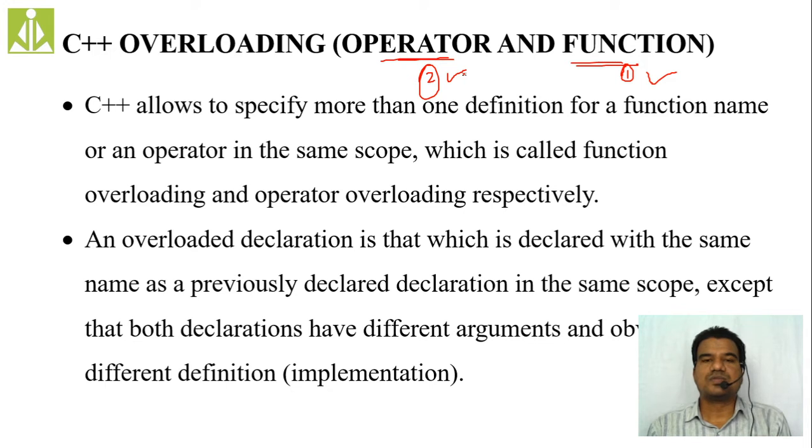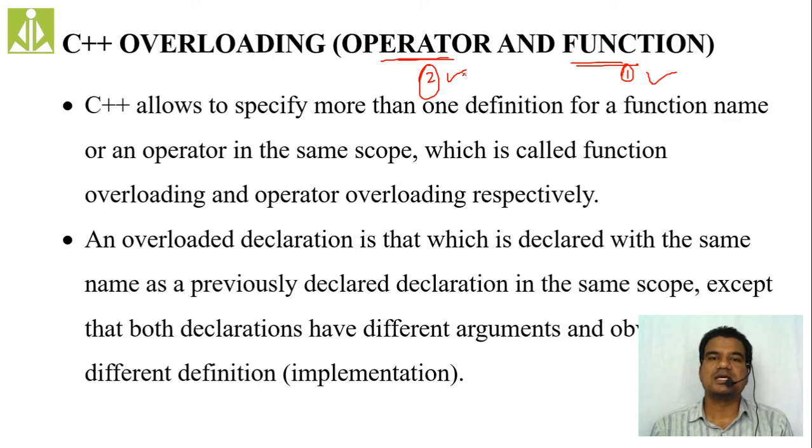Clear? As I said, function overloading is nothing but taking the same function name with different definitions. Inside a single class, we take the same function name with multiple declarations. How do we make those multiple declarations?